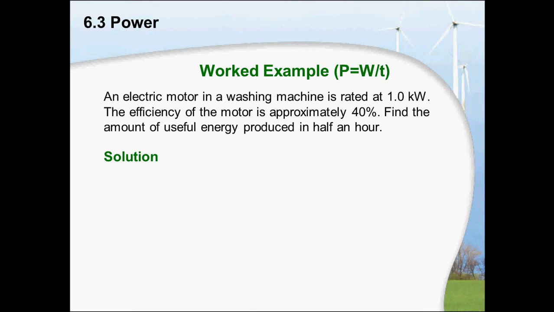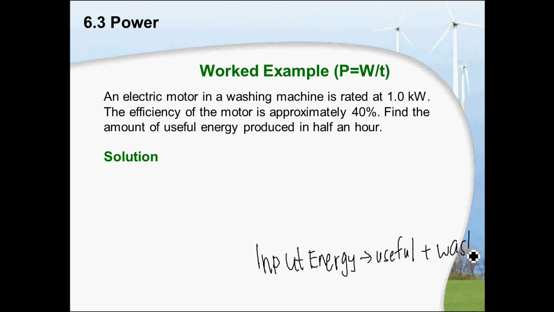So we must remember what is the formula of efficiency. Efficiency is actually the percentage of the energy that is converted to useful energy. So if I want to write it down in a very simple way, the input energy is equal to the useful energy and the wasted energy.